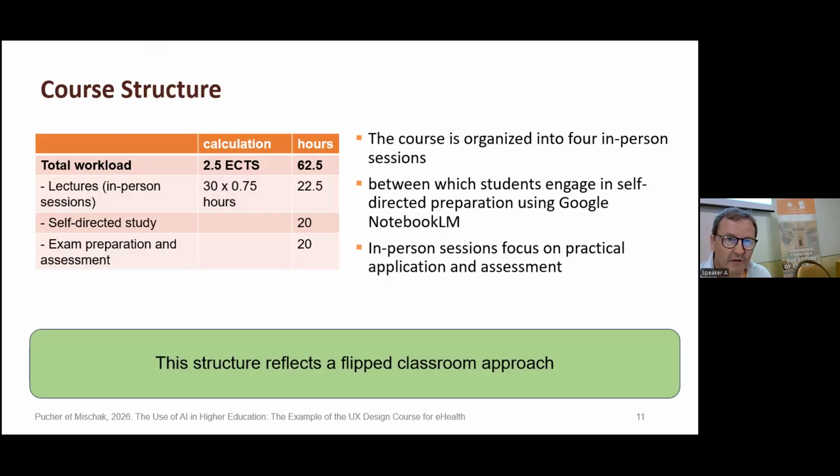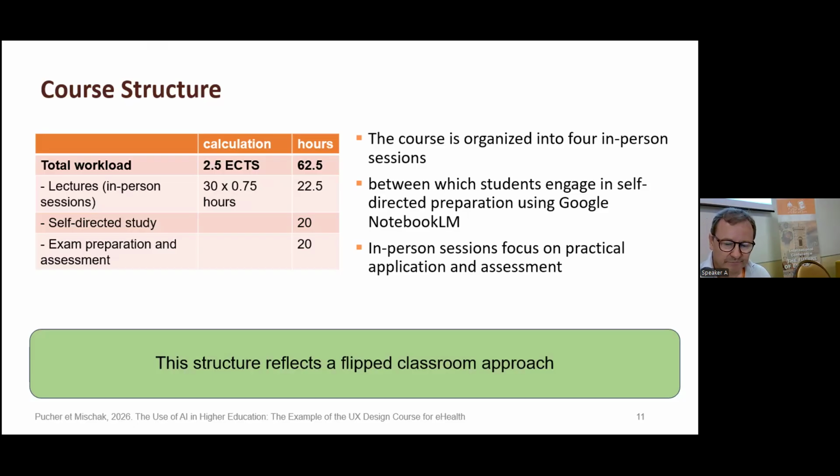There are the in-person lectures, the self-directed study, and the exam preparation and assessment, divided in a third each point. We have 4 in-person sessions, so very long sessions, of course, between which the students are preparing themselves with Google Notebook LLM. And in the in-person session, we have oral examinations. So this is a kind of flipped classroom approach maybe.